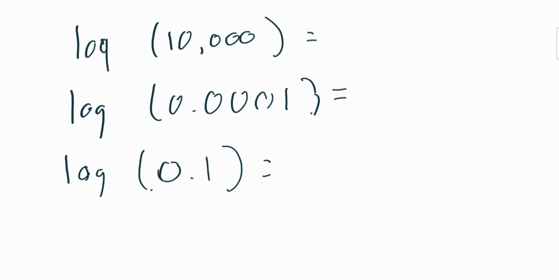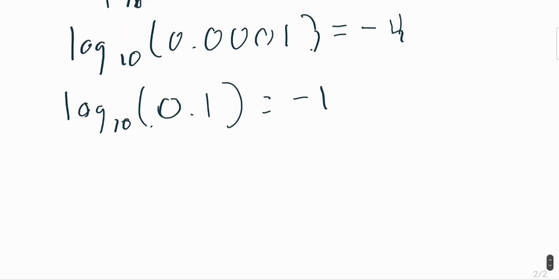Okay, so to work out log base 10 of 10,000, we count up the zeros. So that means it will equal 4. Then, we'll just go ahead and put in the base 10 because it's been left blank. For 0.0001, we count up the zeros and then make it negative. So log base 10 of 0.0001 is going to be -4. Now, log base 10 of 0.1 is actually going to be -1.